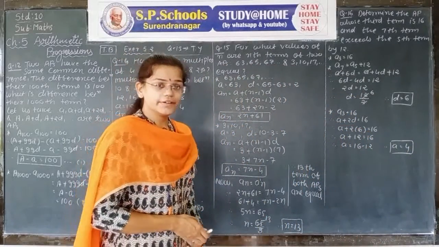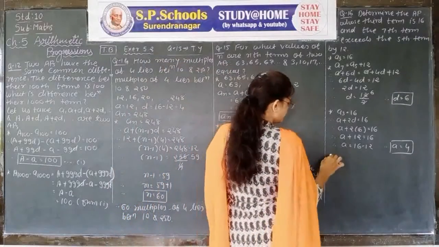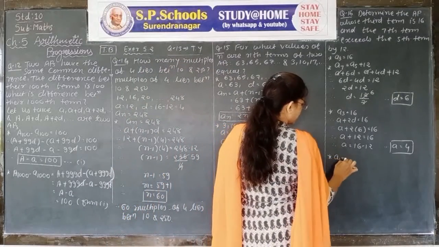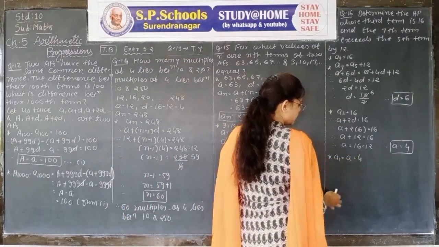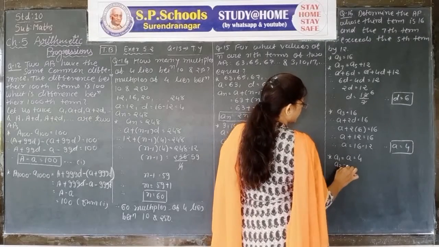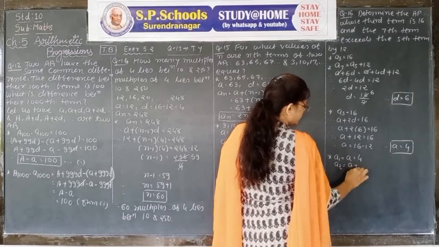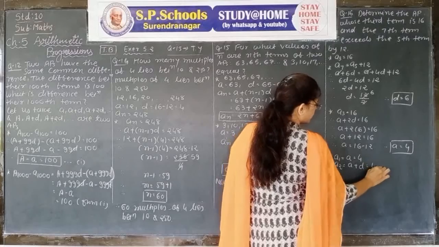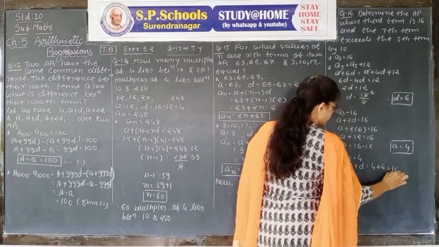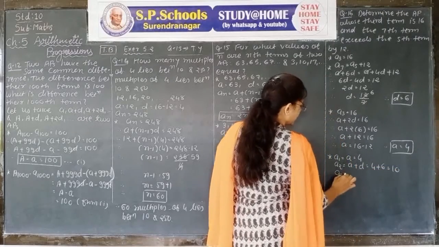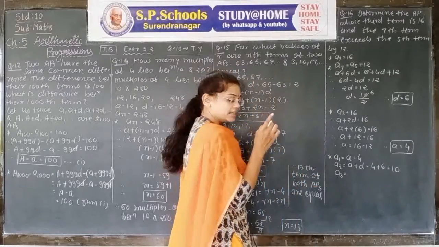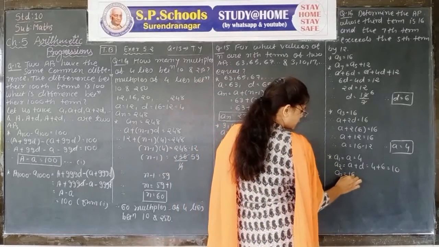We are required to find the arithmetic progression. First term A1 is equal to A is equal to 4. Second term A2 is equal to A plus D, where A is 4 and D is 6, which is 10. Third term A3 is already given in the question, which is 16.